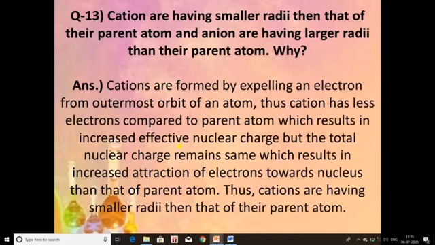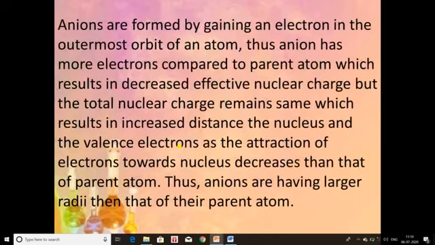So a cation has fewer electrons as compared to the parent atom, which means the nucleus can easily hold the outermost electron, so size decreases. But in case of an anion, there are extra electrons. In the presence of extra electrons, the force of attraction between the nucleus and the outermost electron becomes less, so size increases.